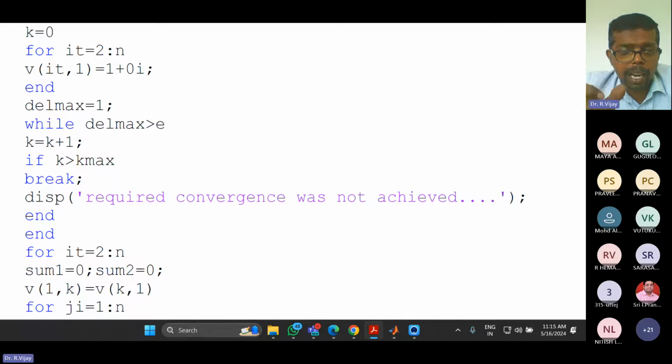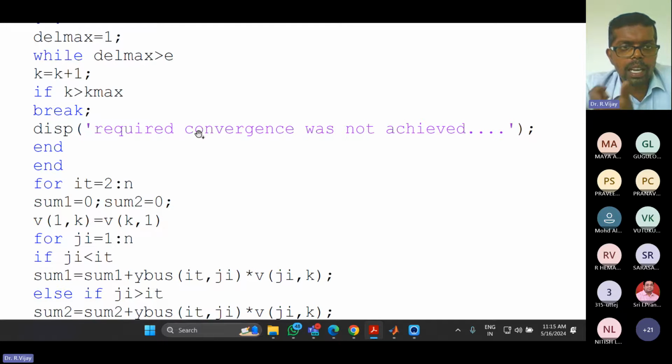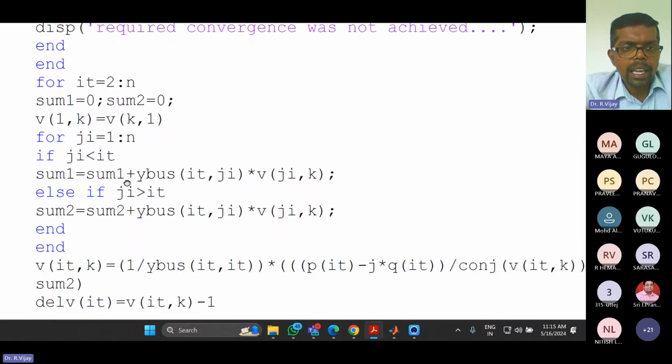We check that here and display that the required convergence was not achieved. If the change is less than the tolerance, the convergence is achieved. Next, we take the next iteration, the same thing.